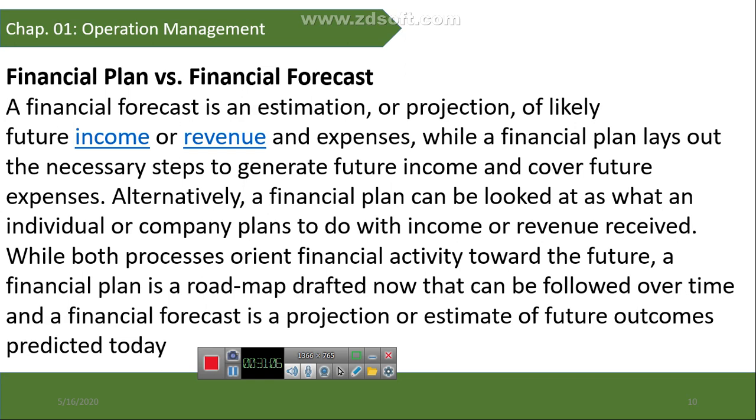A financial plan is a process, a company layout typically broken down into a step-by-step format for utilizing its available capital and other assets to meet goals for growth or profit, based on a reasonable financial forecast.